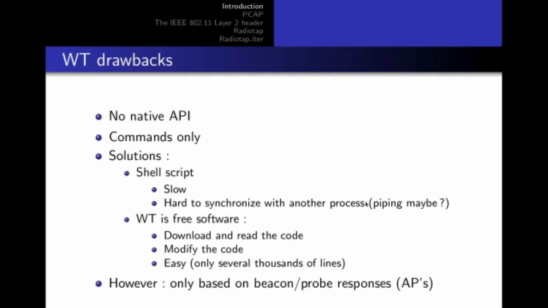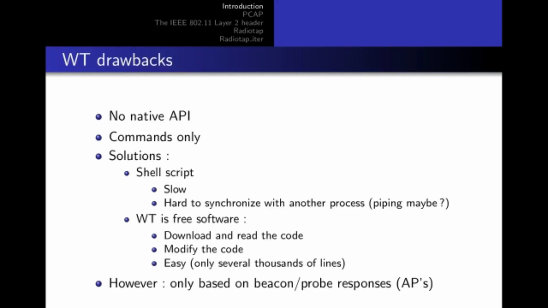The problem with wireless tools is that there is no native API to use it, only commands. So you have solutions to use it with a shell script, which is slow and hard to synchronize with another process, maybe with piping or writing into a file.